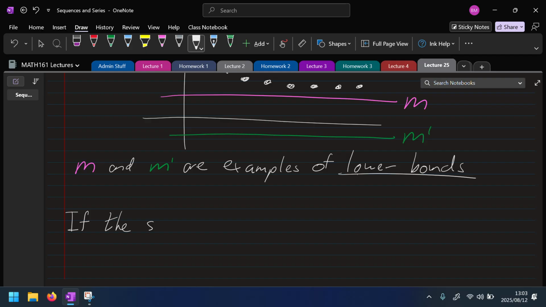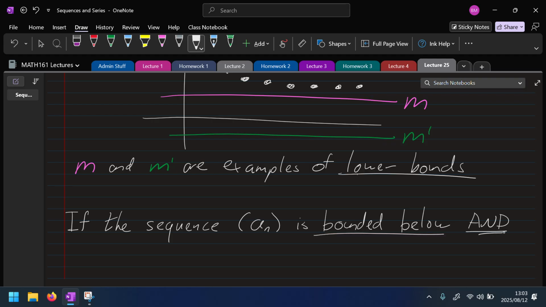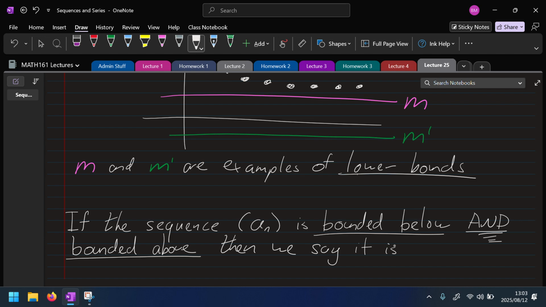So if the sequence a_n is bounded below and bounded above, then we say it is bounded. So bounded below plus bounded above, we just say that it is bounded. It's just the words we use for it.